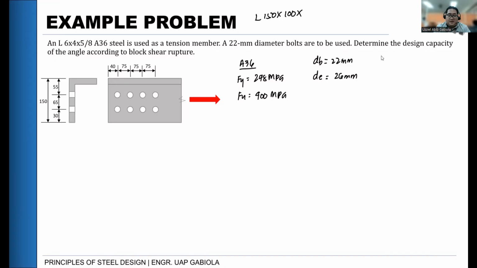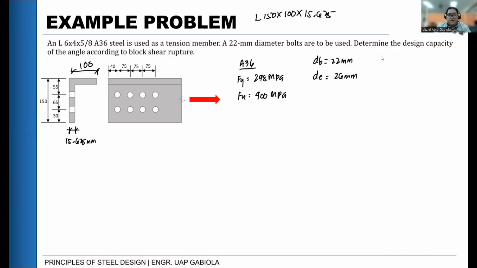Kapag kinonvert natin into mm, that will be 15.625. Okay? So it means na on our diagram, this is 150. So this is yung ating 100 dito. Okay? So ito yung 100 natin. And then we have thickness also here. So thickness natin is 15.62.